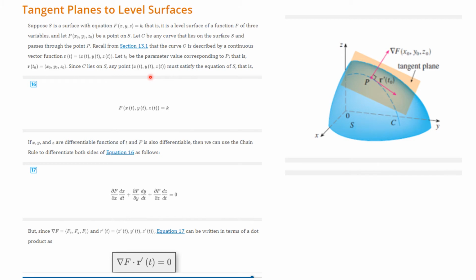Since C lies on the surface, it must satisfy the equation. If we take derivatives of that and use the chain rule, we find that the partial of f with respect to x times dx/dt, plus the partial with respect to y times dy/dt, plus the partial with respect to z times dz/dt, is equal to 0. But that is the same thing as the dot product of the gradient with the derivative of the vector function equaling 0.